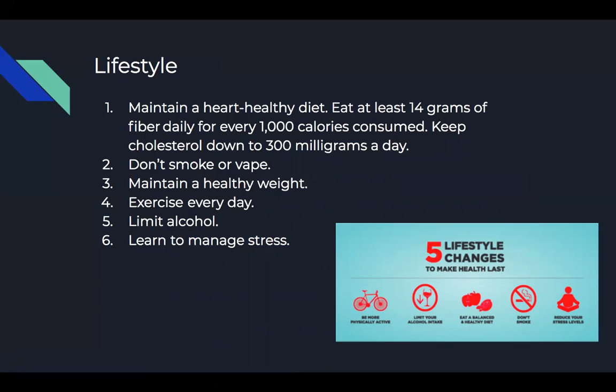A waist measurement of 35 inches or more for women or 40 inches or more for men raises the risk for diabetes. Exercise every day, limit alcohol consumption, and learn to manage stress.